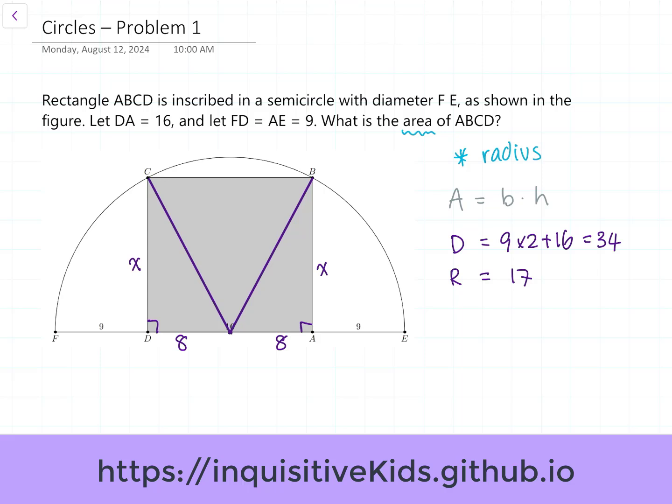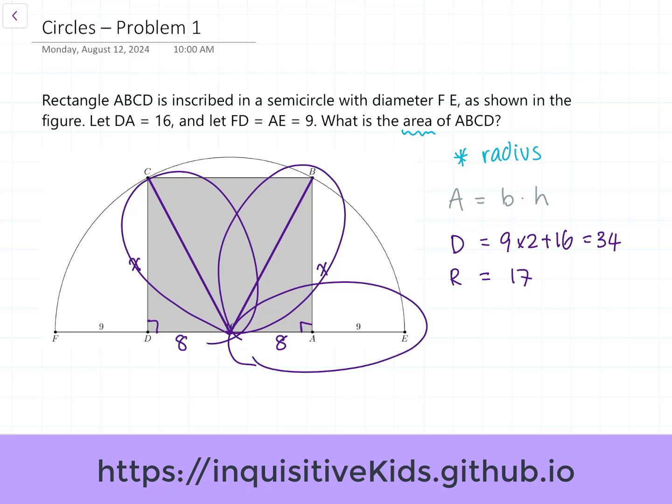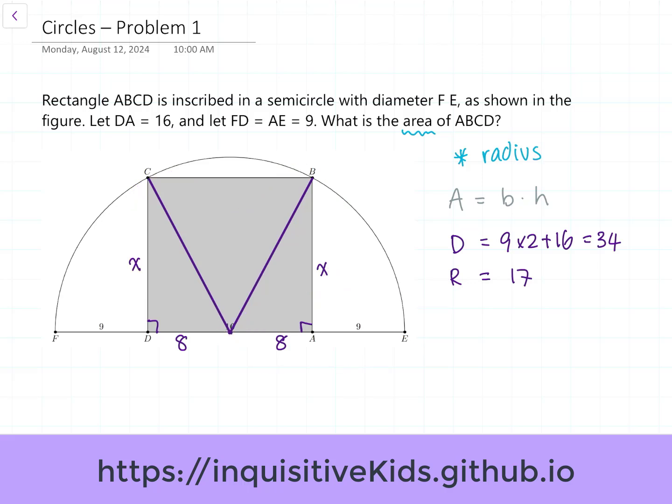And we know that these are both the radiuses of the circle. These are all the radiuses, which is because the radius never changes throughout a circle. So because we know that this portion is 17, we know that the length of C, let's call this G, we know that CG is 17 and BG is 17 as well.